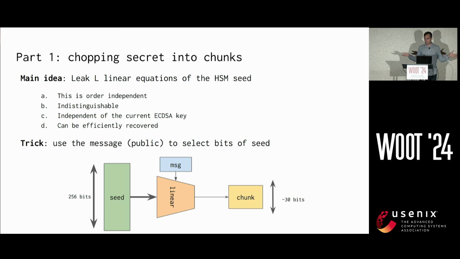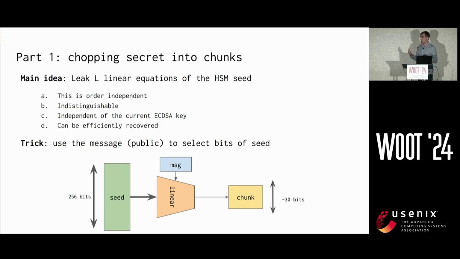You start with a big seed, let's say 256 bits, and you leak only a linear combination, let's say resulting in 20 bits, via matrix multiplication. Which bits you pick to XOR together is determined by some public information, which is the message. Actually, it's a little more complicated. It's not only the message, but essentially it is the message.